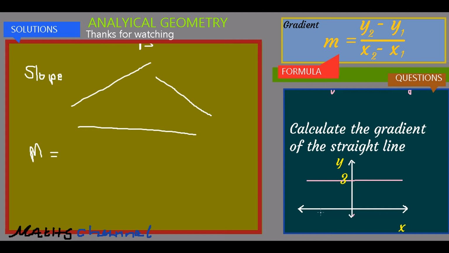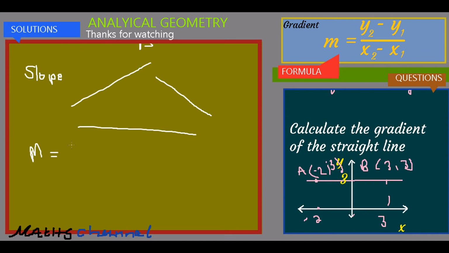Let's take a point here. Let's say that here is 2 and here it's 2 as well, and then let's take a point here. Let's call this A, and then there's -2 and 3, and then what is the point here? Let's say it's 3.